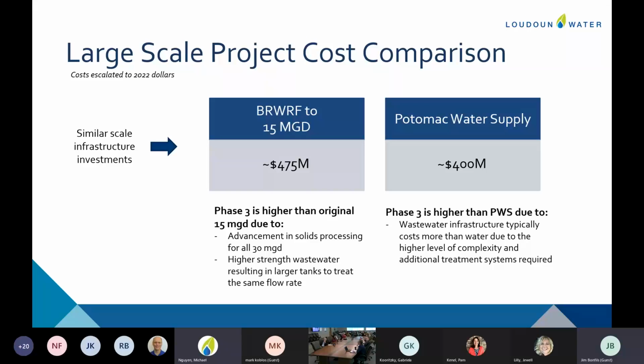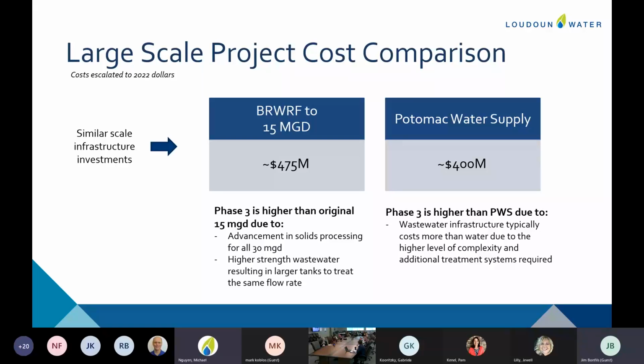Sure. What we were really trying to highlight here is that, as Kendra mentioned, this will be the largest construction project that we've ever undertaken, but we have undertaken major programs in the past as well. Getting us to 15 MGD was at a cost, in today's dollars, of about 475 million.